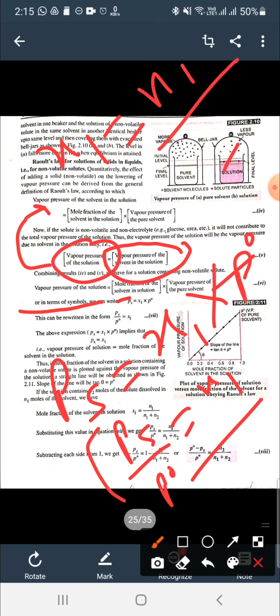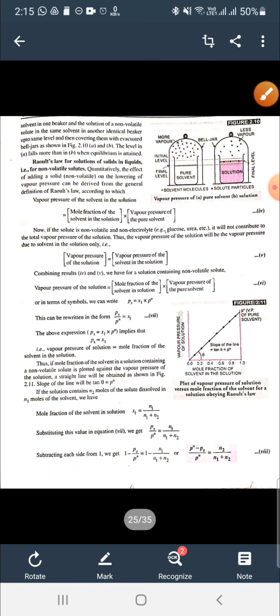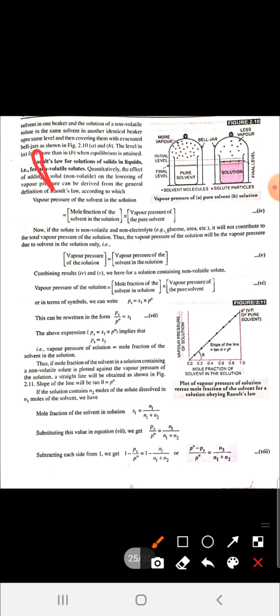We can write it as N1 upon N1 plus N2. So PS upon P naught is equal to N1 upon N1 plus N2.